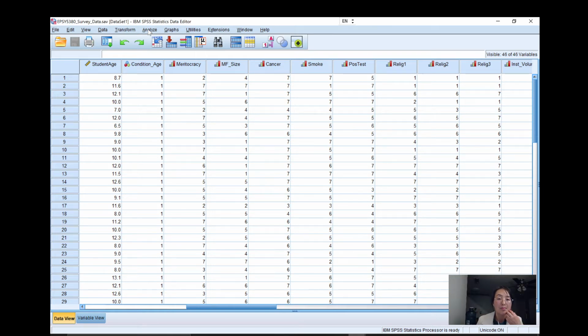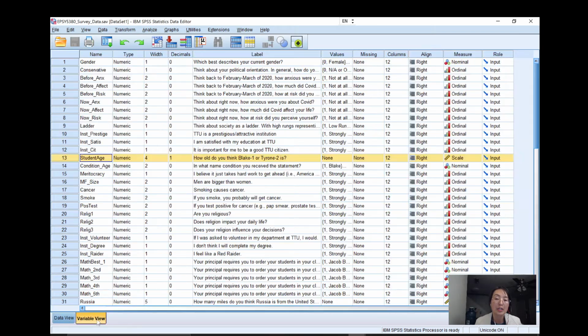medians. As you recall, for medians, we usually look for the ones that are either ordinal or have responses with extreme values. In this case, I'm just going to analyze the ordinal variable, because we have a lot of ordinal variables here.